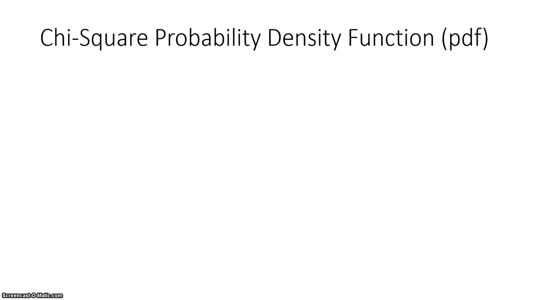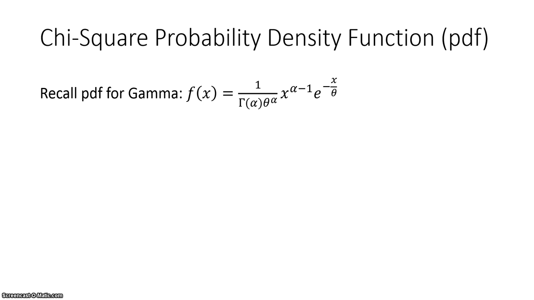Let's take a look at how we can find the chi-square probability density function, the PDF. Recall that the PDF for the gamma distribution was given by little f of x is equal to 1 over gamma of alpha. Remember, gamma of alpha is alpha minus 1 factorial when alpha is an integer. We multiply that by theta to the alpha, and then take x to the alpha minus 1 times e to the minus x over theta.